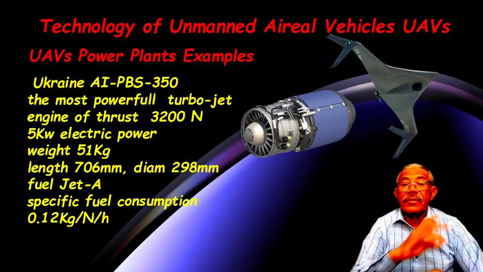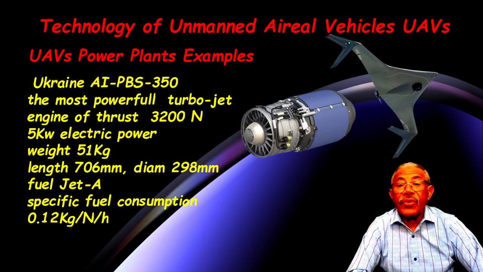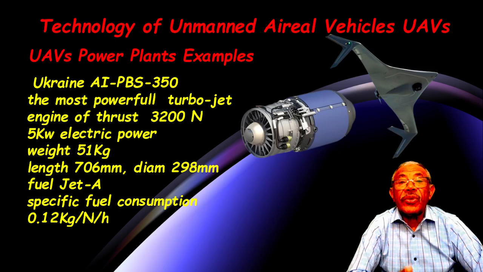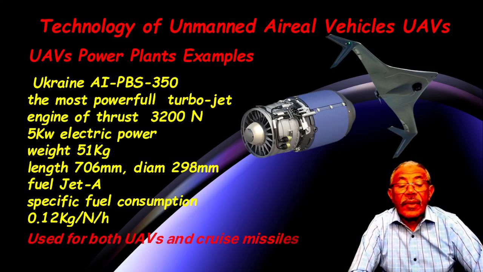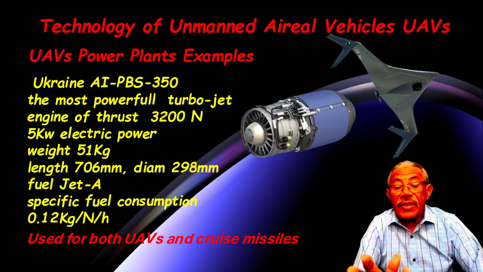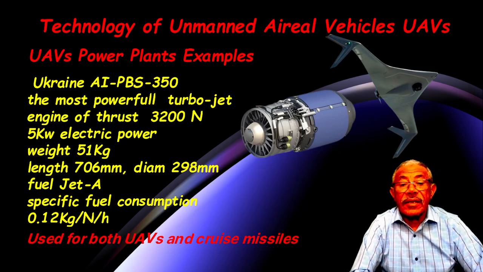The fuel is Jet A. The specific fuel consumption is 0.12 kilograms per newton per hour. Used for both UAVs and cruise missiles.